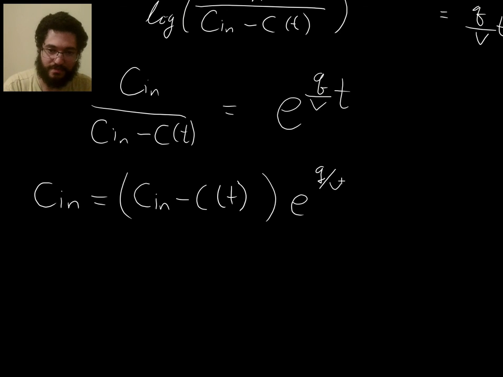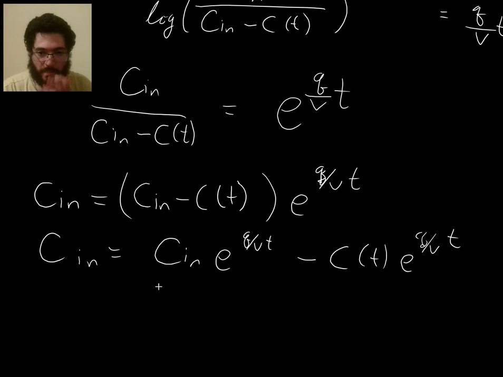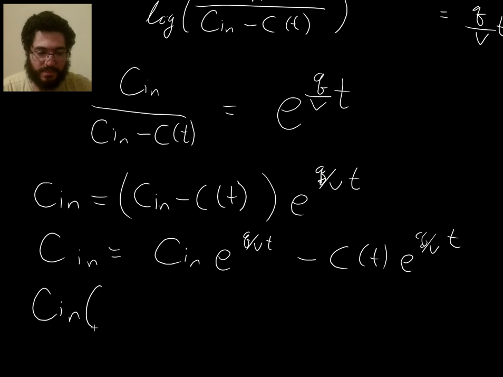E to the Q over Vt. The goal is to solve for C of t here. So Cn equals Cn e to the Q over Vt minus C of t e to the Q over Vt. So let me do this kind of in one step.